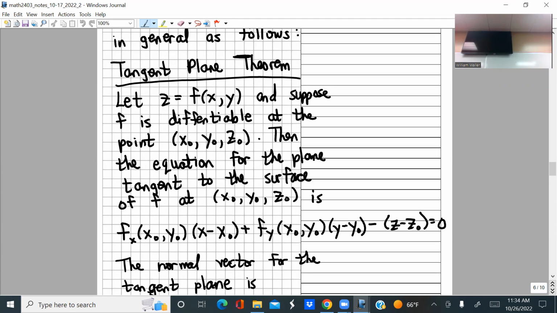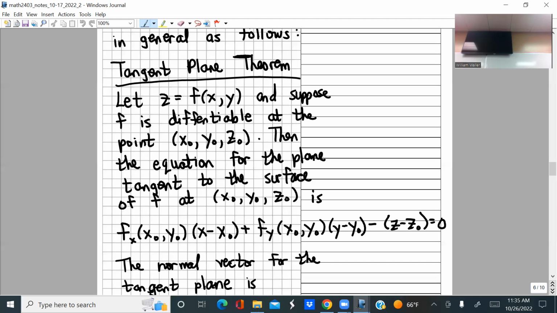That's the given point on the plane. And if you know the partial derivatives evaluated at this point, then it's very easy to write down the equation for the tangent plane. This is really one of the easiest topics, I think. But of course, you do have to remember this equation, right?